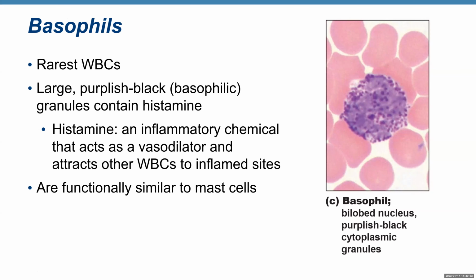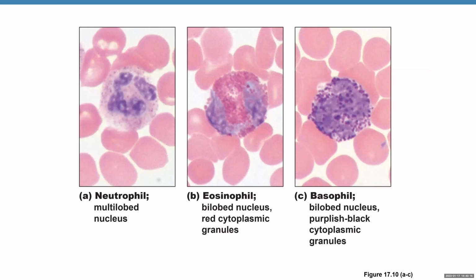And the ones that pick up only basic dye are going to be almost dark blue or purple. That's where the names came from: basophils, eosinophils, neutrophils, and the name granulocytes we use because you see those visible granules.